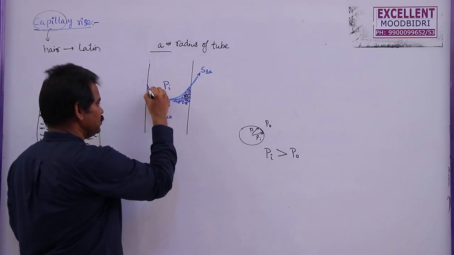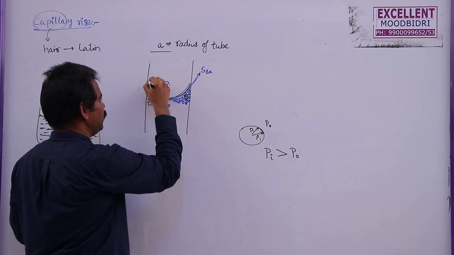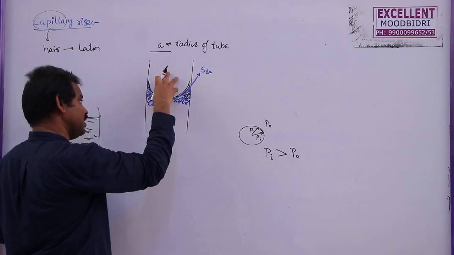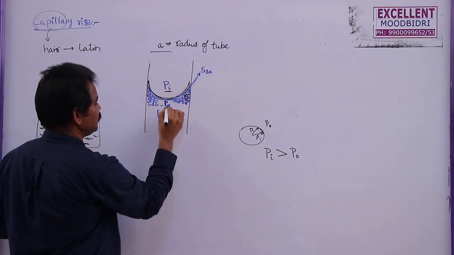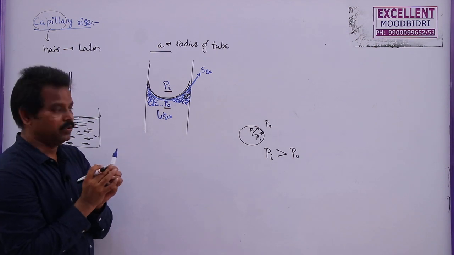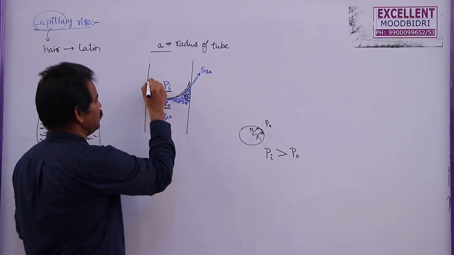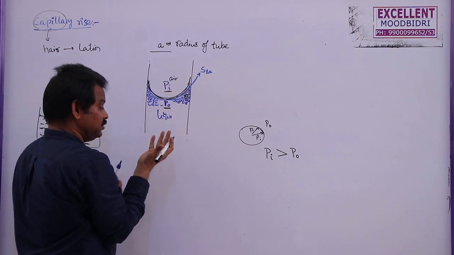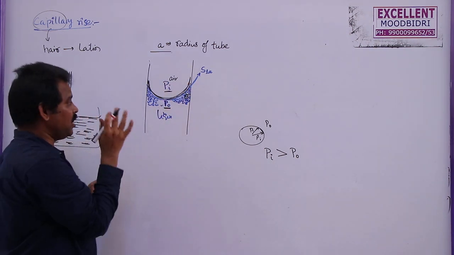Here also, in this air bubble, pressure is more inside the air and pressure is less outside, because here I am not creating a liquid bubble, I am creating an air bubble. So this is air. Pressure is always more on the concave surface.